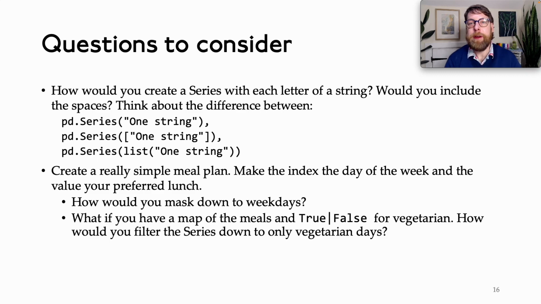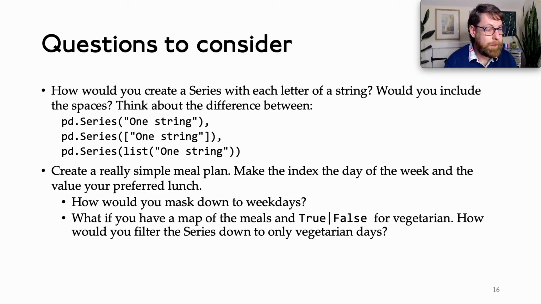Okay, and now here's a little bit of an exercise for you if you'd like to try this. First, create a really simple meal plan. Really simple. Just make the index each day of the week and the value your preferred lunch. So first, ask how you would filter down to the weekdays.